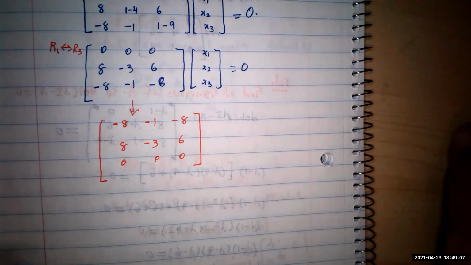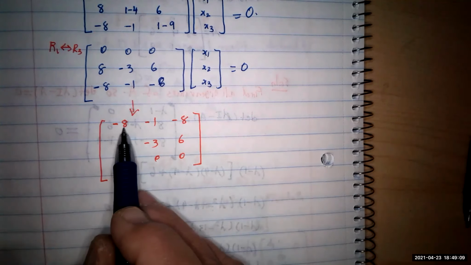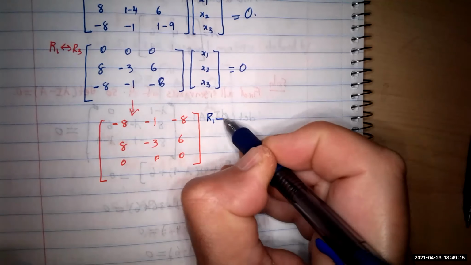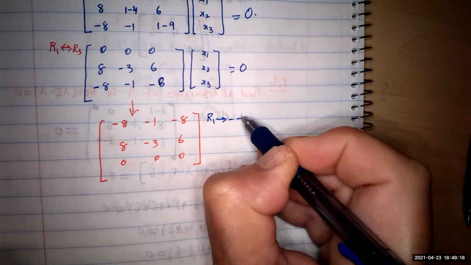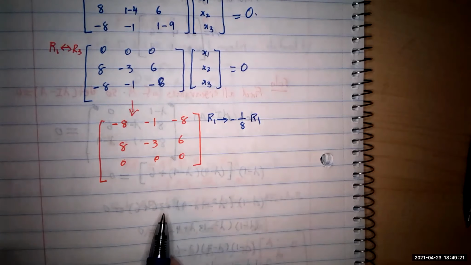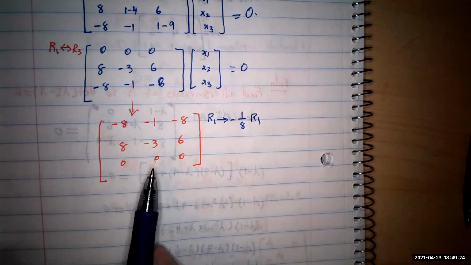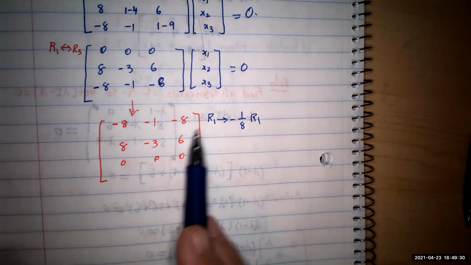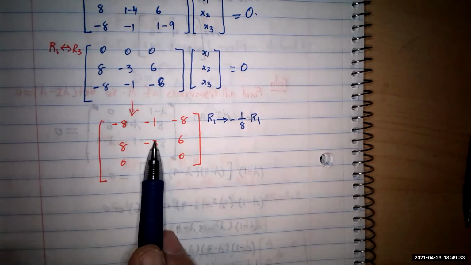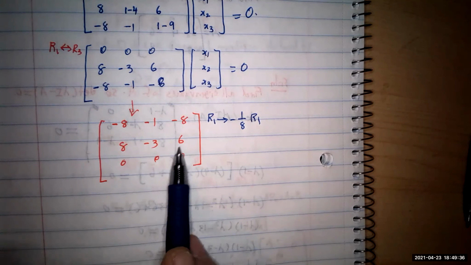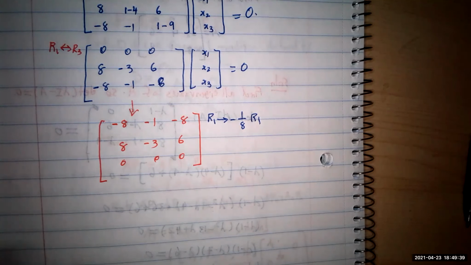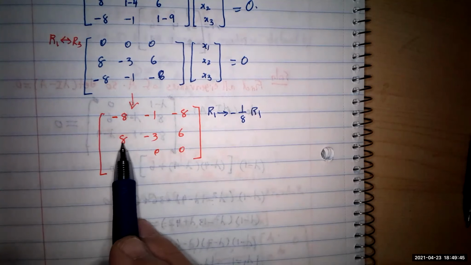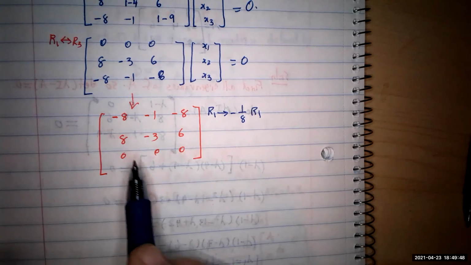Okay, so what I can do is I need the 1 here, so just divide this one by negative 8. So this is R1. I change it into negative 1/8 of R1. And because we need to make this one 0, we can add them together.